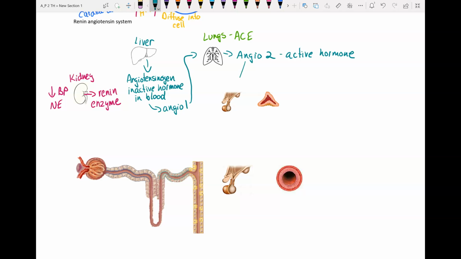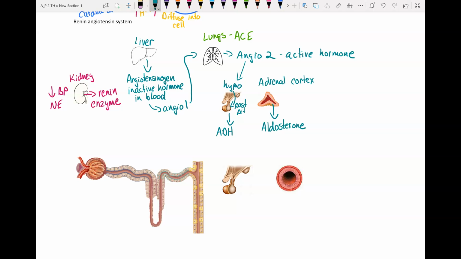So it's going to go to the hypothalamus, and it's going to tell the hypothalamus to stimulate the posterior pituitary to secrete ADH, antidiuretic hormone. It's also going to go to the adrenal cortex, and it's going to stimulate the adrenal cortex to secrete aldosterone.